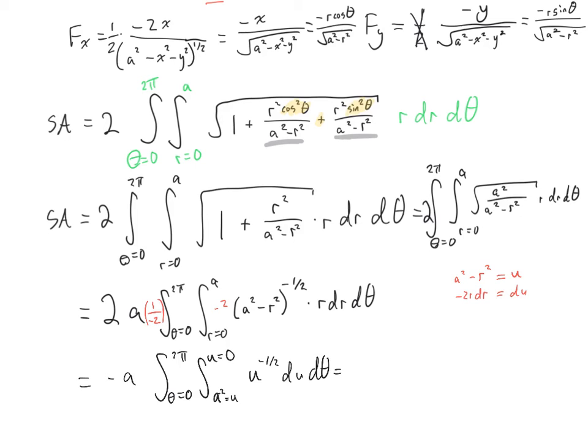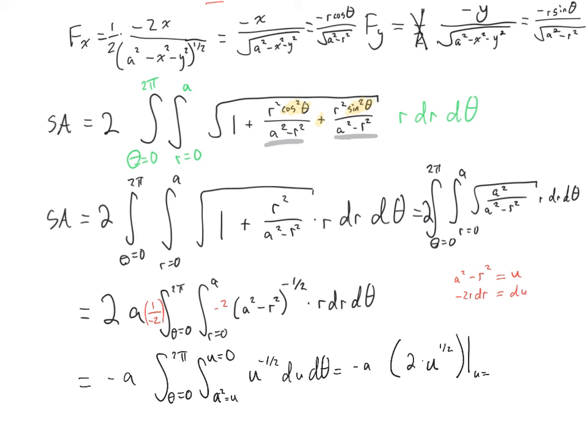That is u to the positive 1/2 times 2. And out in front, I've got this minus a. So this is my integral with respect to u. Since these integrals are both with constant bounds, there's no thetas on the u bounds, I can just do them separately.